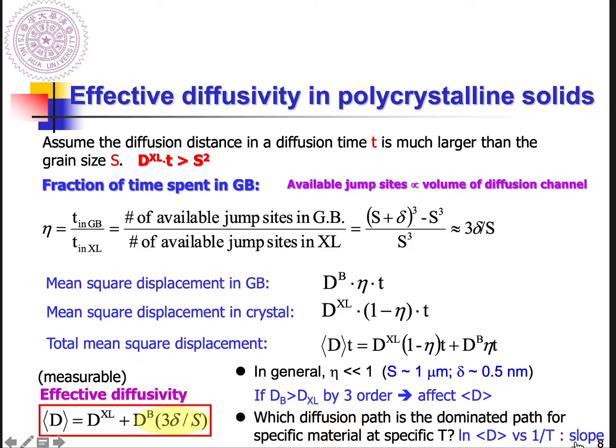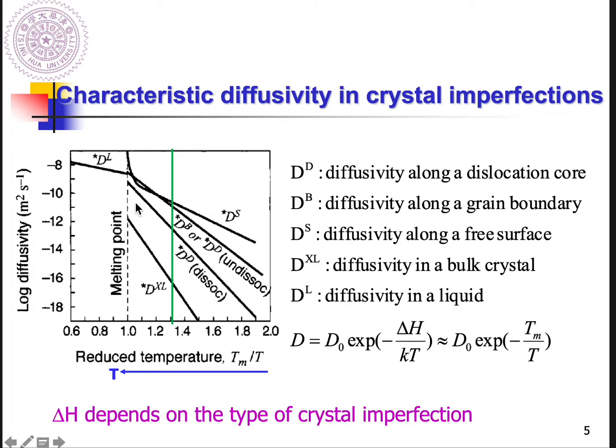And if you see one straight slope, that means within your interesting temperature region, it is only a straight line like this, and only one diffusion path dominates the diffusion of the diffusing atoms.